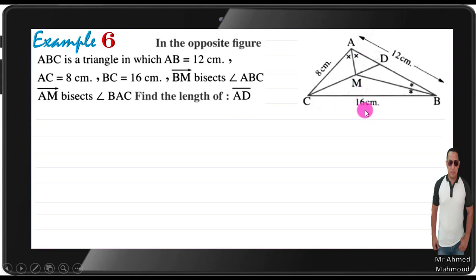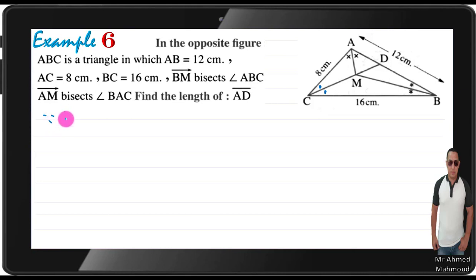We have the sides of the triangle 8, 16, and 12. Now I can find AD or DB if CD is a bisector of angle C. It's very easy because AM is a bisector and MB is a bisector. That means CM also is a bisector of angle C.